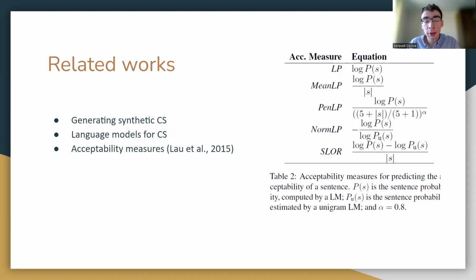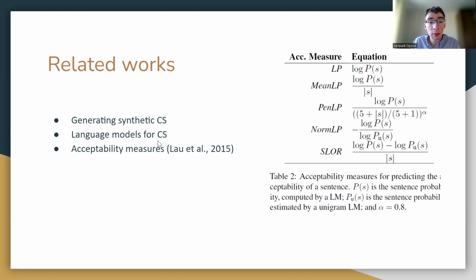The research areas close to our work are methods for generating synthetic CS. Further, these are models that were trained on CS data and for CS data. And finally, the concept of acceptability measures that we use in our paper.